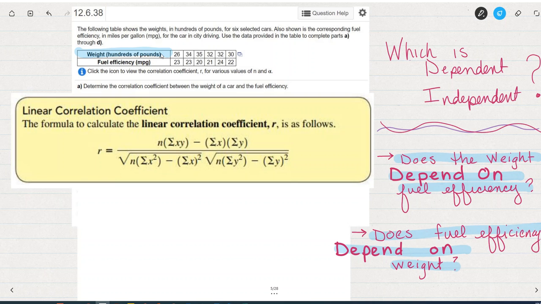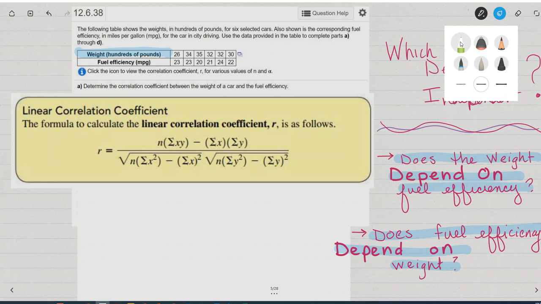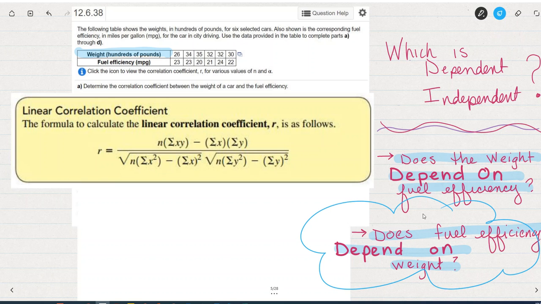So the fuel efficiency depends on the weight. In other words, the fuel efficiency is the dependent variable. What's independent is going to be the weight of the cars.